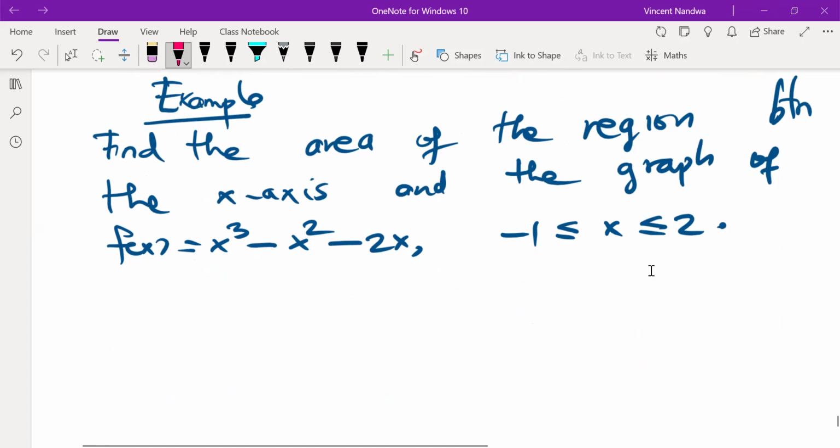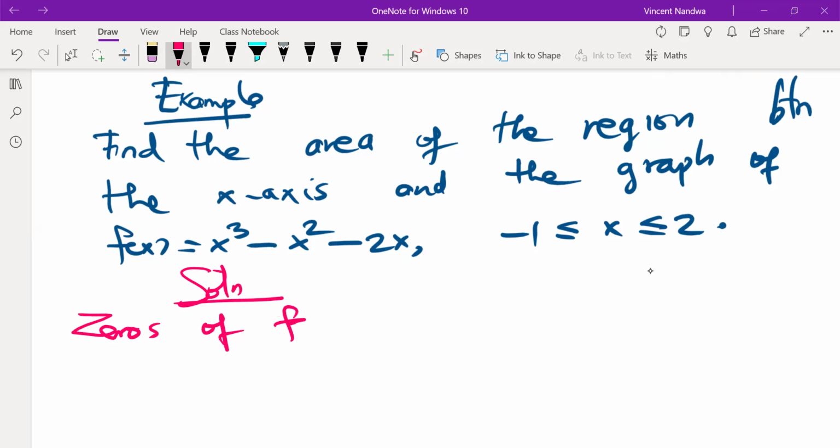So to sketch this graph, the easiest thing is to get where the graph cuts the x-axis, which is the same thing as getting the zeros of the function. So zeros of f of x are obtained by solving this.